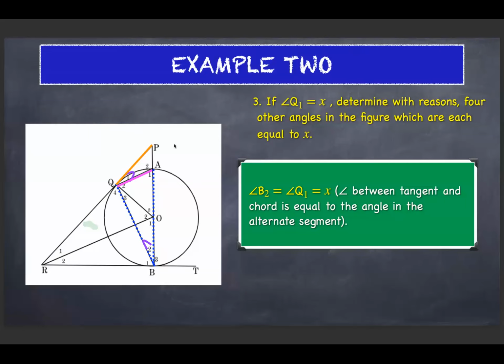Let's do number 3 quickly, and then I will check back to see if we can indeed use theorem 2. If you have Q1 equal to X here, it says determine with reasons 4 other angles in the figure which are equal to X. This is a good way to end off our example segment.